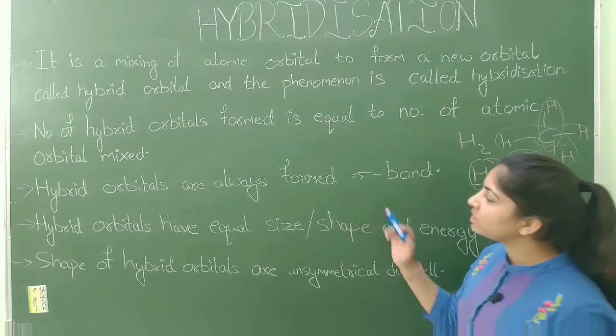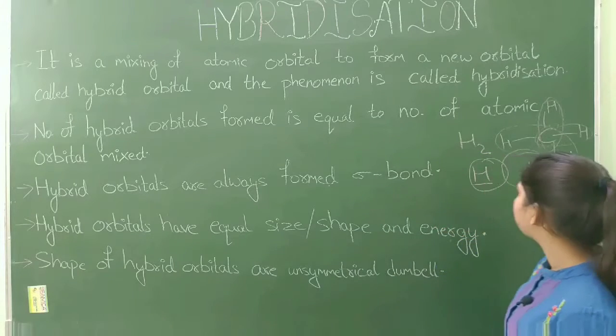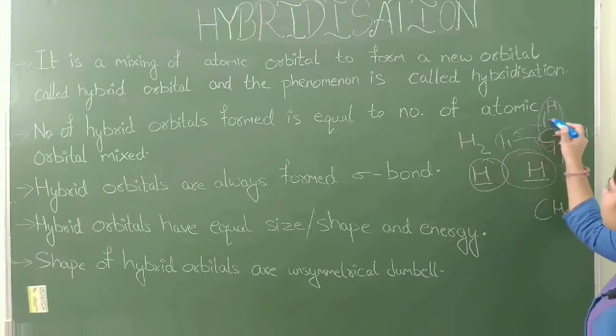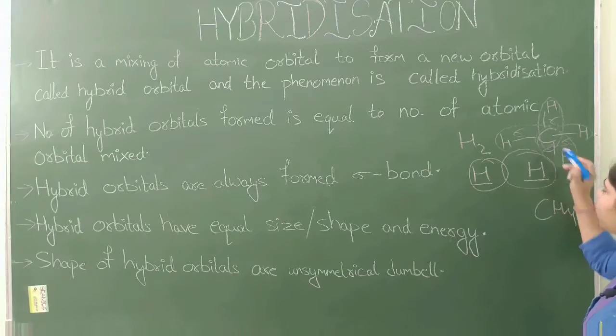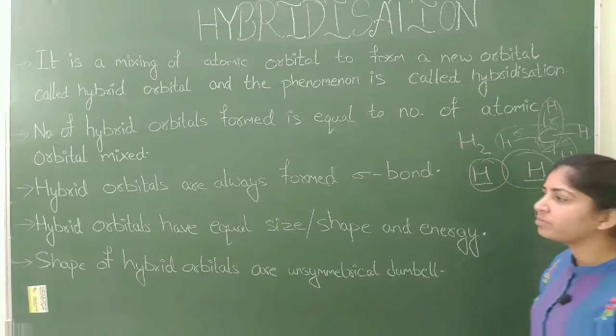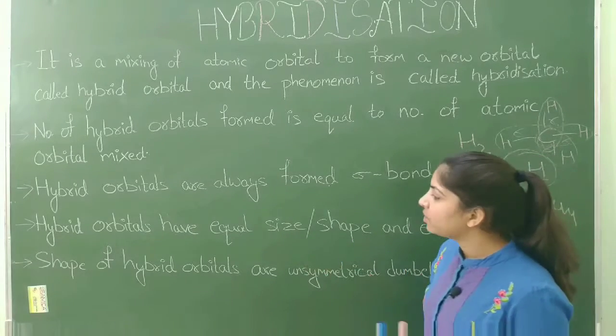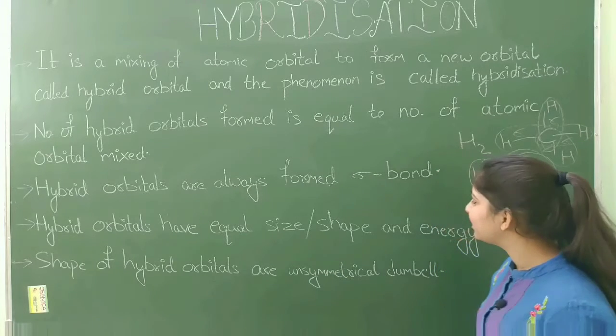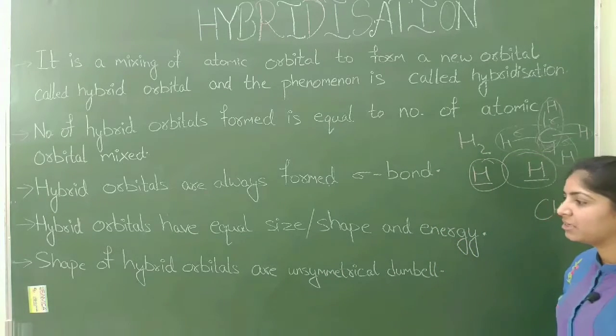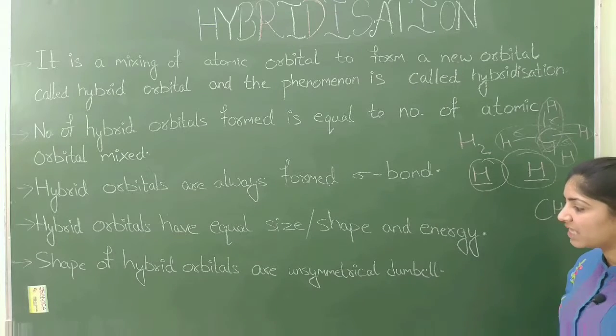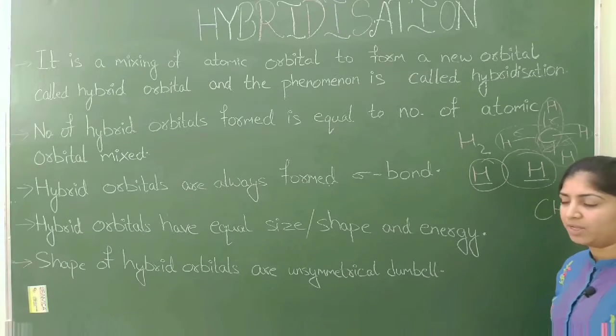Hybrid orbitals always form sigma bonds, so these all are sigma bonds formed by two atoms. Hybrid orbitals have equal size, shape and energy. The shape of hybrid orbitals is an unsymmetrical dumbbell.